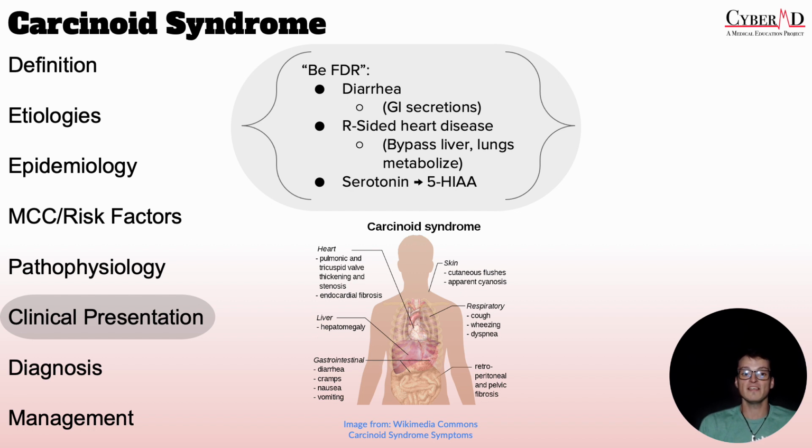The diarrhea is due to the presence of, again, excess amounts of serotonin secreted by the tumor, which stimulates the secretion of colonic mucus. It's also going to increase the peristalsis in our GI tract. And finally, it's going to inhibit certain amounts of absorption in the GI tract. All of that combined is going to lead to the watery diarrhea seen in patients with carcinoid syndrome.